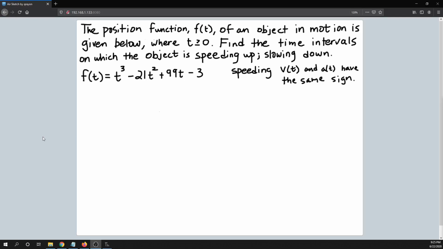Okay, and then for slowing down, it's the opposite. If you're slowing down, then the velocity and the acceleration have opposite signs.